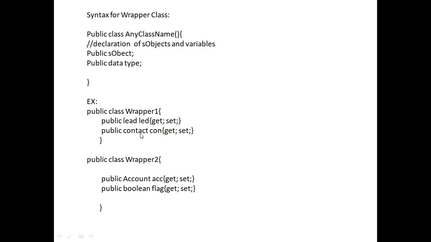Suppose I want to show some lead fields and some contact fields in a single table in Visualforce. That is not possible using only a single sObject, right? So we can go for a wrapper class and combine these two objects, lead object and contact object, into this wrapper class. Using that wrapper class, we can display the values of these two object fields in one table.